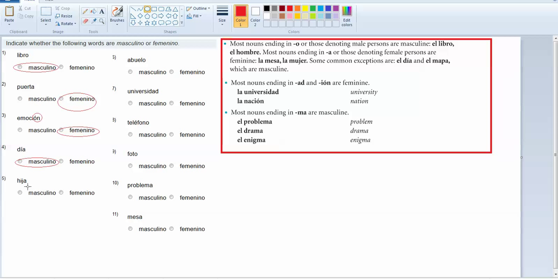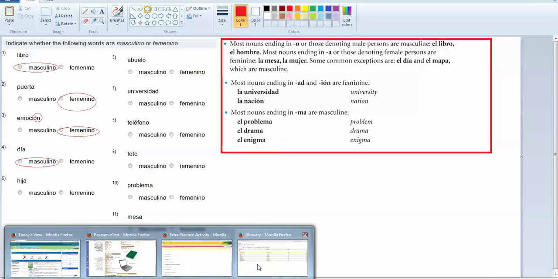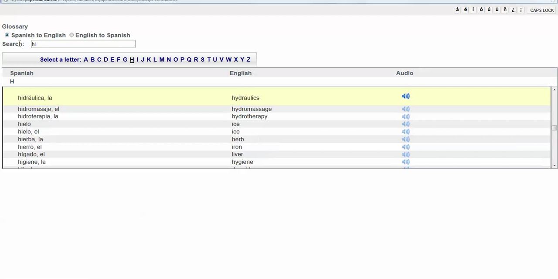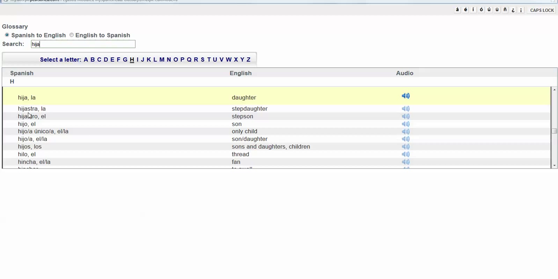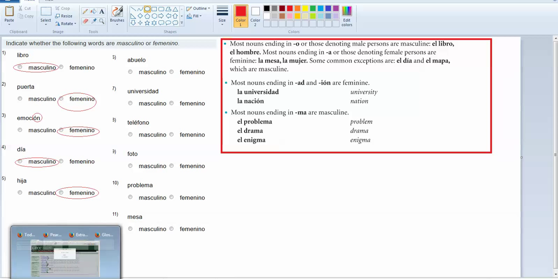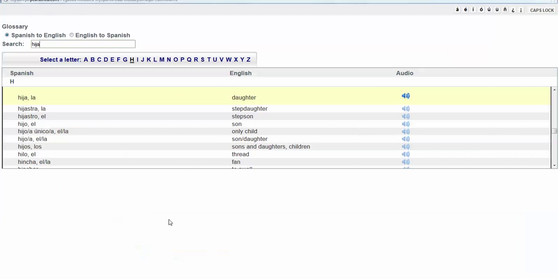Hija ends in A, so more than likely it's going to be feminine. Again, I don't think that was one of your words, but if you want to double check, you can look in your glossary. Hija. Hija is feminine. You've got the la there, so you'd go back here and put femenino. Okay. Abuelo, another word. It's got an O, so it should be masculine, but if you want to double check, you can go to your glossary again.